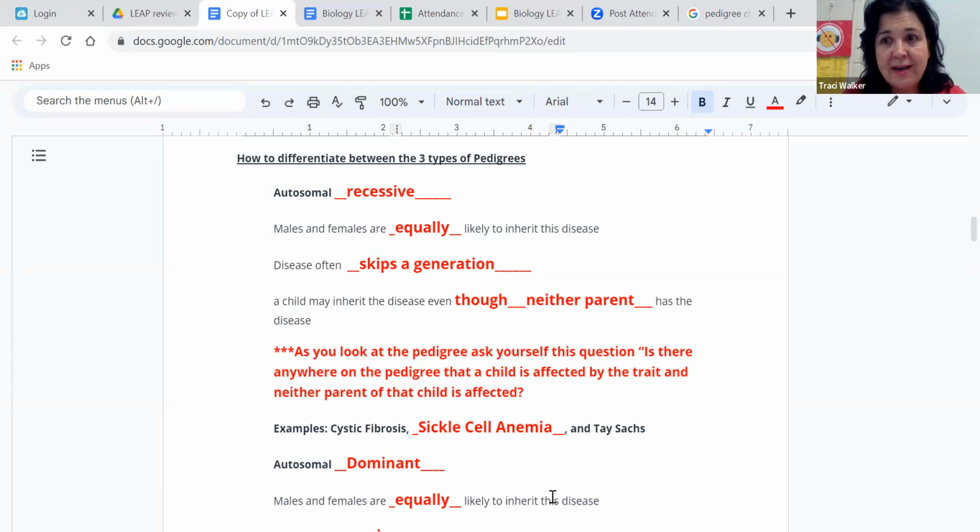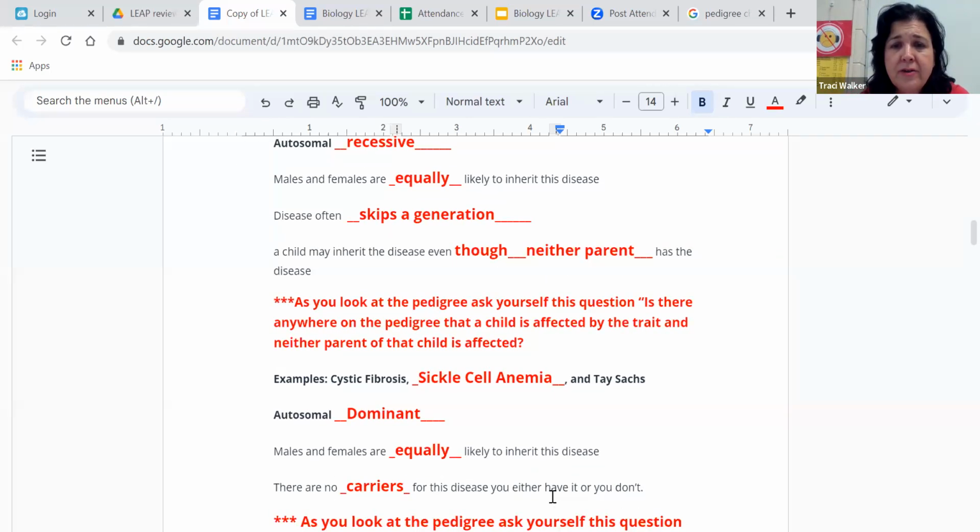If you see that anywhere, the child is affected, but neither parent is affected, then you know it is an autosomal recessive trait. Examples of autosomal recessive genes that cause diseases are cystic fibrosis, sickle cell anemia, and Tay-Sachs.